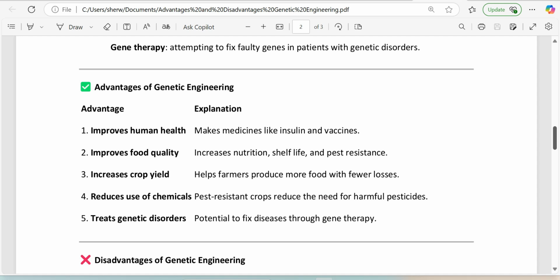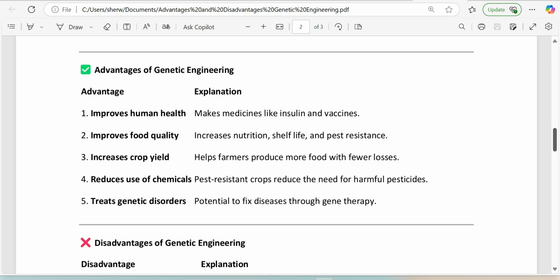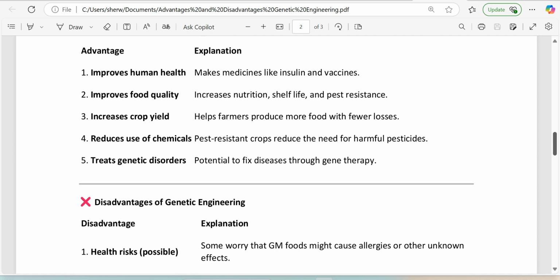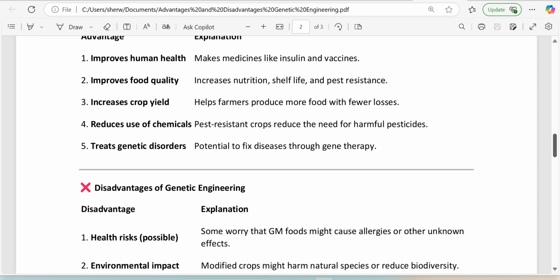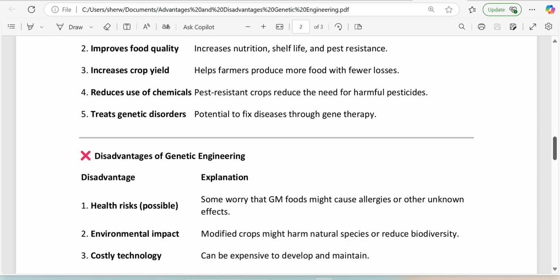Improves food quality: increases nutrition, shelf life, and pest resistance. 3. Helps farmers produce more food with fewer losses. 4. Reduces use of chemicals: pest-resistant crops reduce the need for harmful pesticides. 5. Treats genetic disorders: potential to fix diseases through gene therapy.